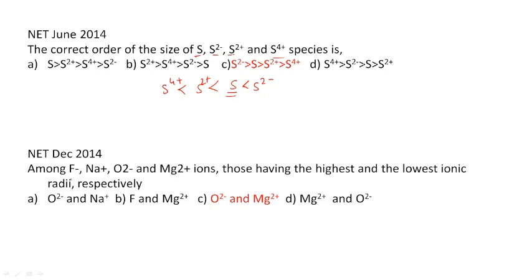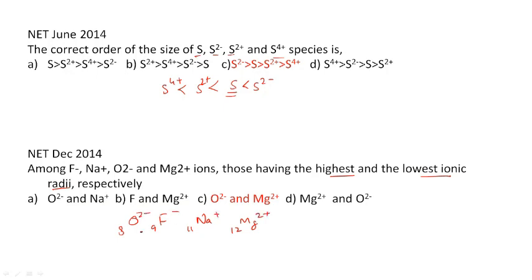Here the next question is, among F-, Na+, O2- and Mg2+ ions, which have the highest and the lowest ionic radii? Now we will arrange all these in their increasing atomic number. This is 9, oxygen 8, sodium 11, magnesium 12. So this is 2-, 1+ and 2+.